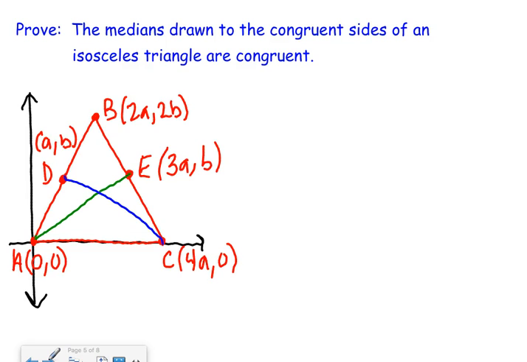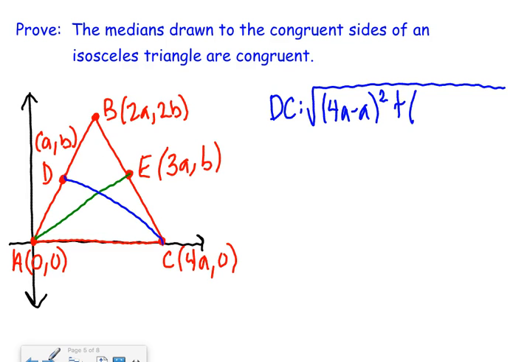Okay, thanks. So how am I going to show that these segments are congruent? What formula? Distance formula. So let's start with DC. I'm going to have 4A minus A squared plus 0 minus B squared.